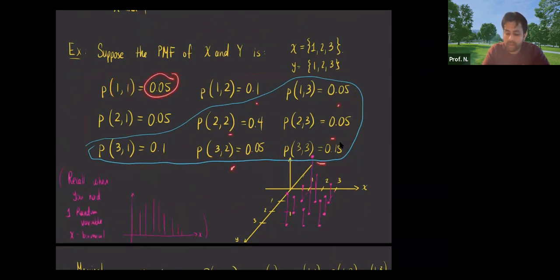Here we had a total of 9 possibilities given our discretely defined random variables, and we were given the probabilities for each of these possible outcomes. So again, all I'm stressing is that when I have a joint distribution of two random variables, each random variable is attaining a certain value, and in attaining that value, we have a certain probability of that occurrence happening.